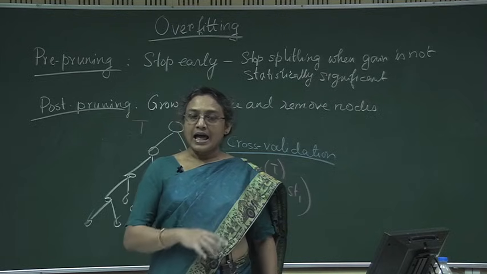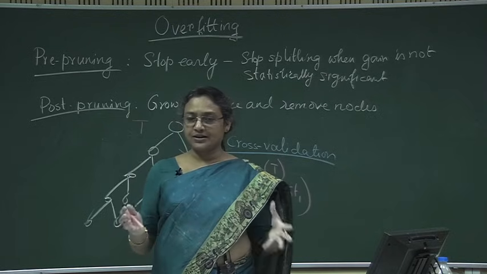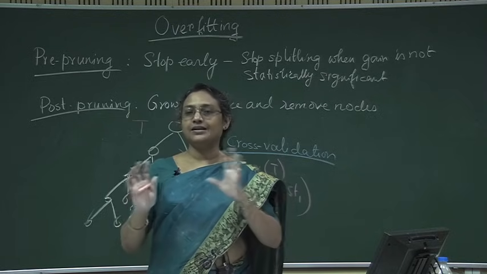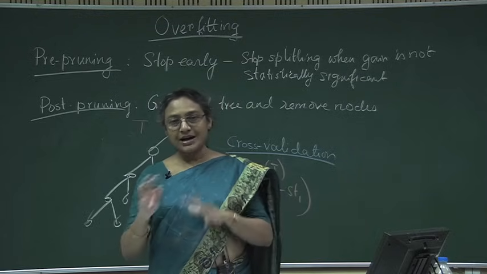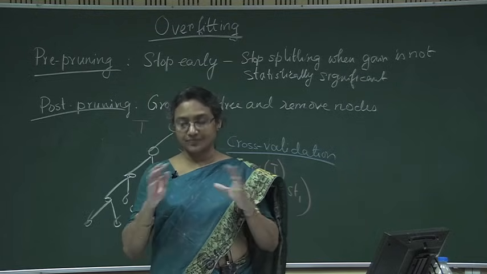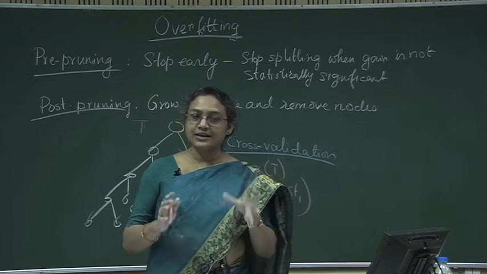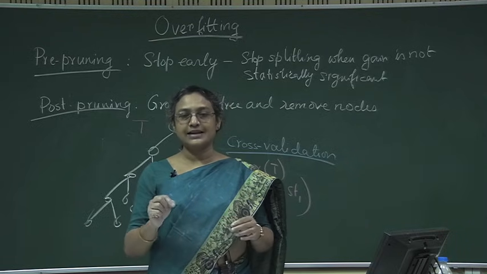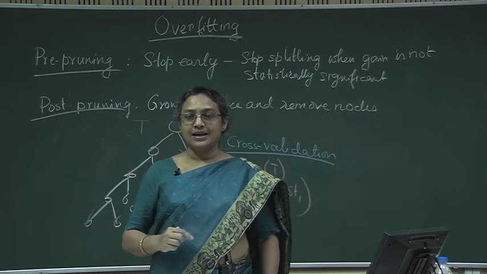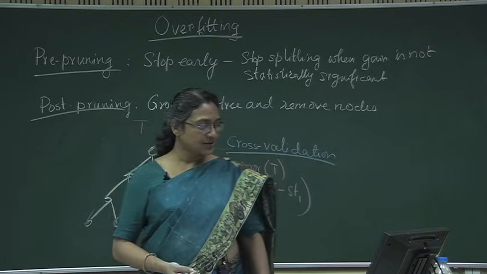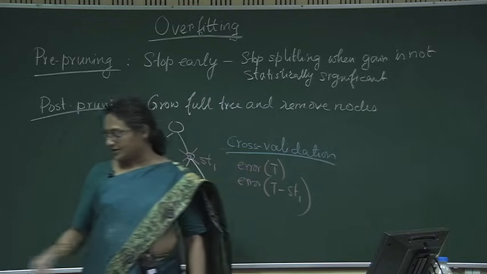If there is no subtree whose removal improves the test error, you do not prune further. Among those subtrees which are eligible for removal, you choose that subtree whose removal lowers the error the most. So, that is by using cross validation.